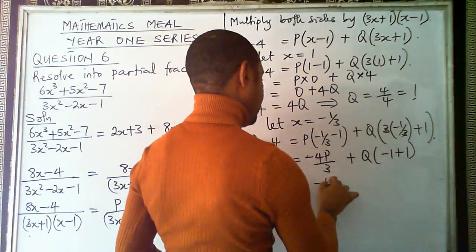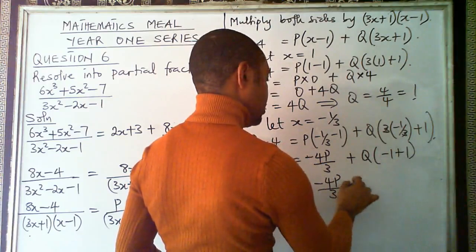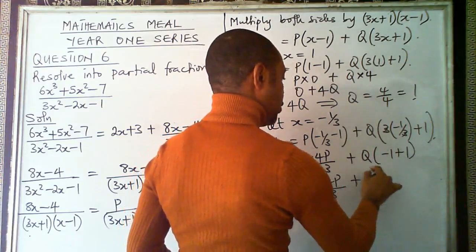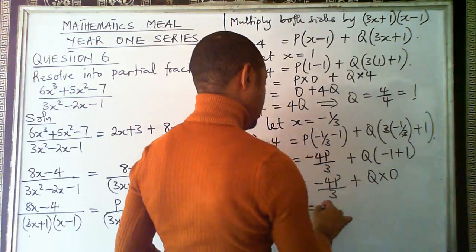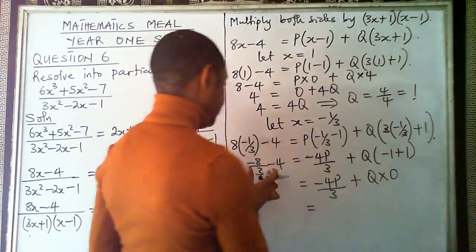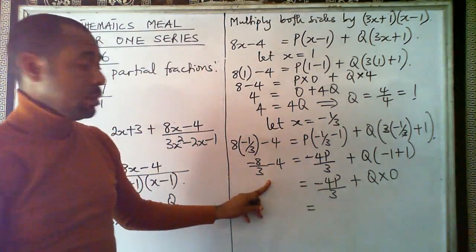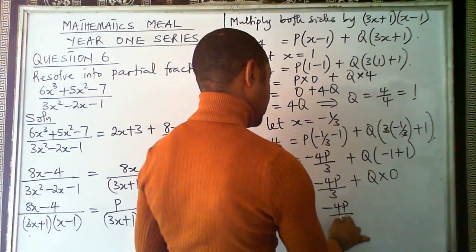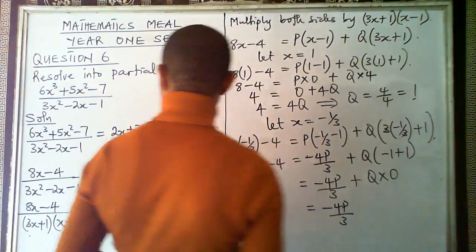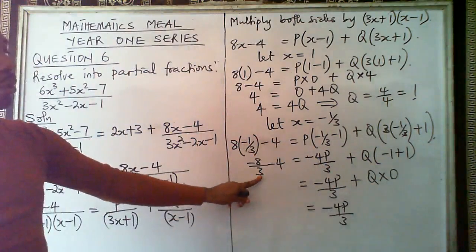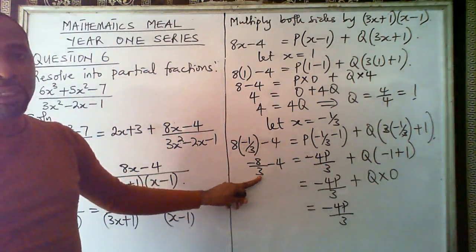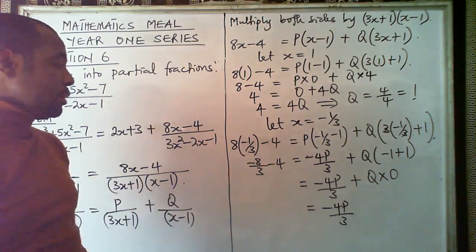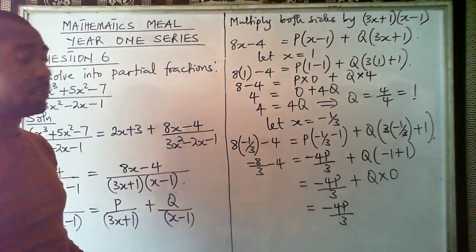And eventually we have minus 4p over 3 plus q times 0. Let's evaluate this. So we have minus 4p over 3, because the whole of this is 0. So what are we going to have at the end of the day? We'll be having minus 20 over 3. Yes, that's what we have.